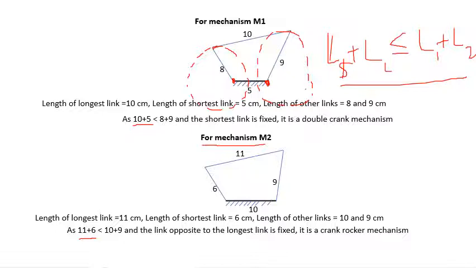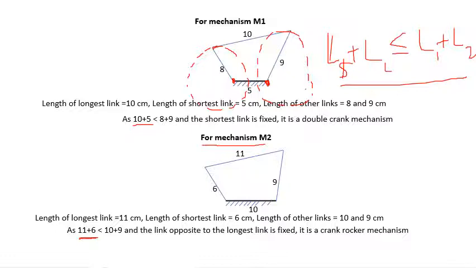Therefore, LHS is smaller than RHS, and also the link which is opposite to the longest link is fixed. As we have discussed in the concept of inversion, if the link which is opposite to the longest link is fixed, then we obtain the crank rocker mechanism.